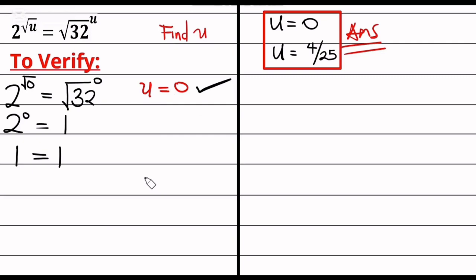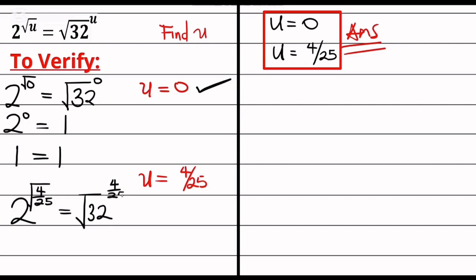So to confirm the second one, if u is actually equal to 4 over 25, doing the same thing as the previous one, we have 2 raised to the power of the square root of 4 over 25, which equals the square root of 32 raised to the power of 4 over 25.